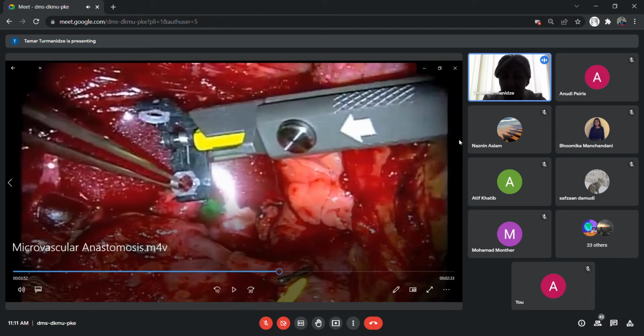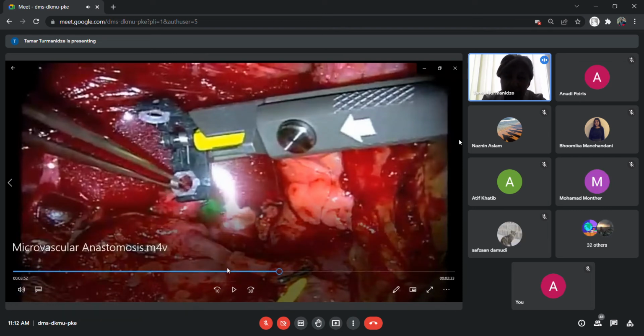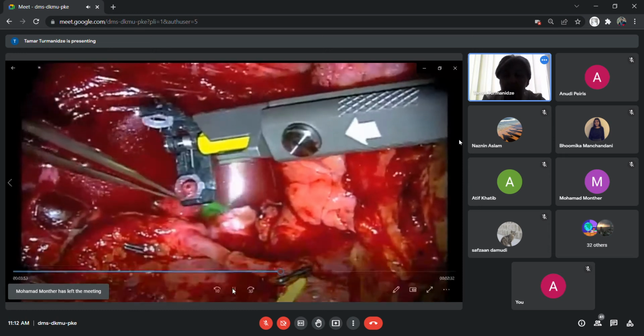One end is placed on the central part of the vessel, the other end on the peripheral part of the vessel, which is turned from inside outward and is held on these staples. Let's see how it is done.